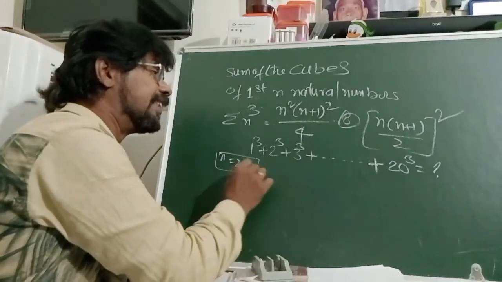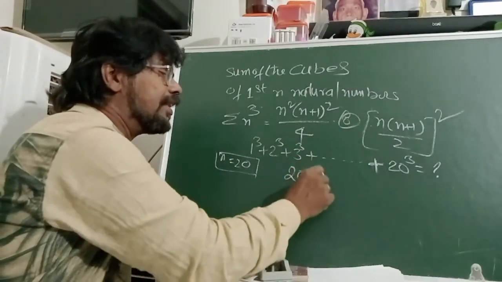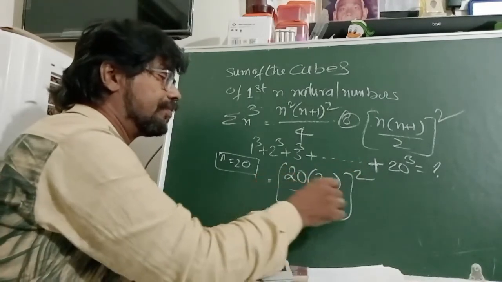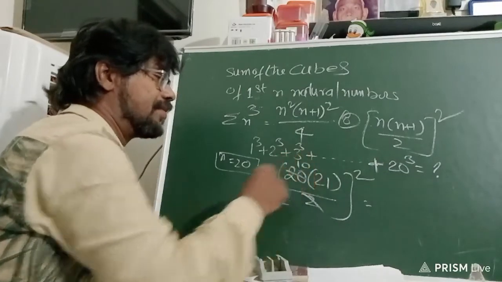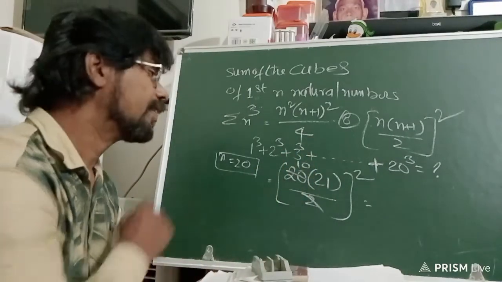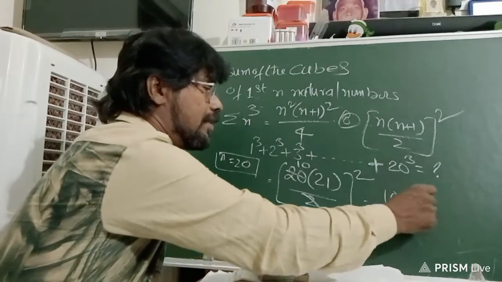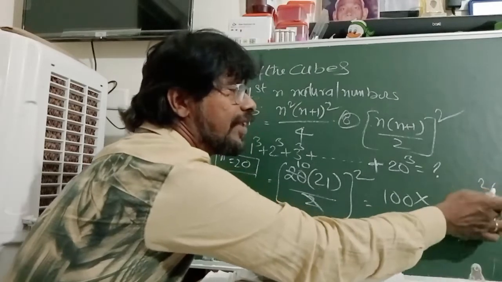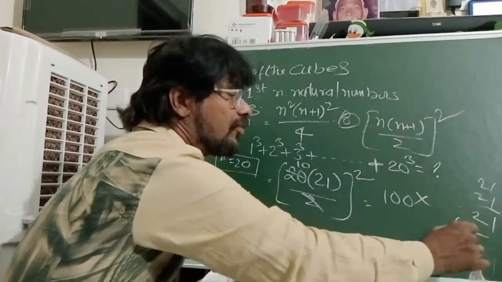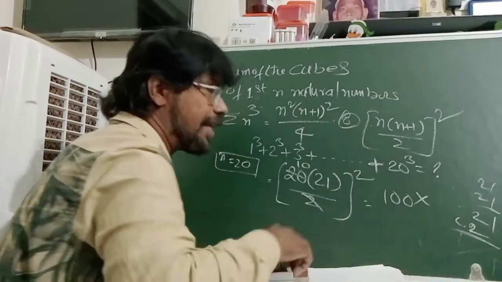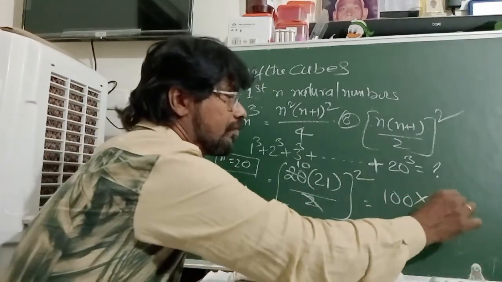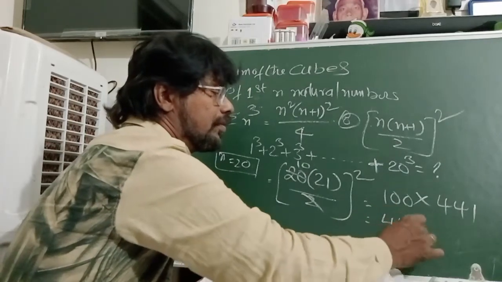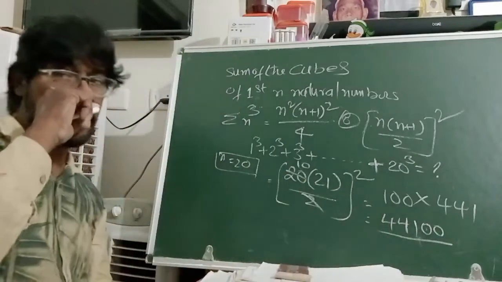So n is 20: 20 into 21 by 2 whole square, that is 10 times 21 whole square, 100 into 21 square. 21 square is 441. So that is equal to 44100. This is the answer.